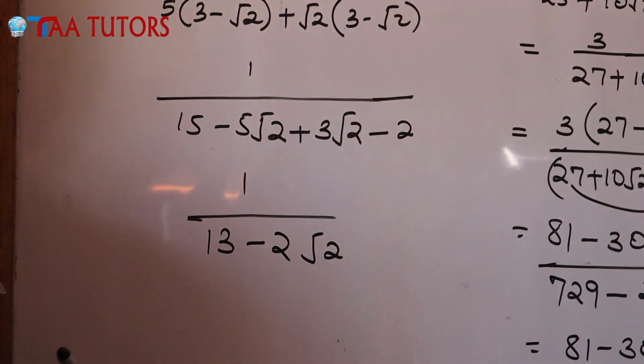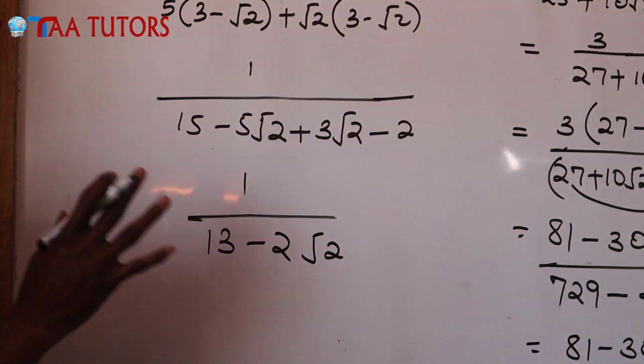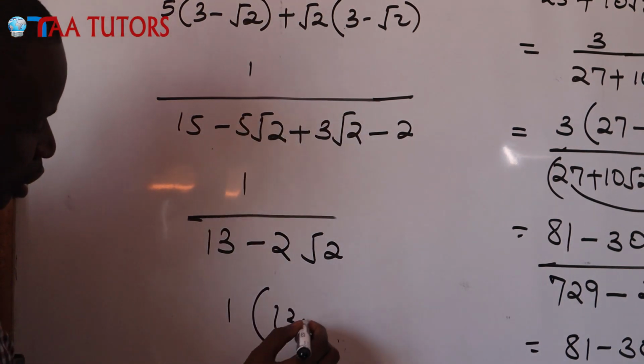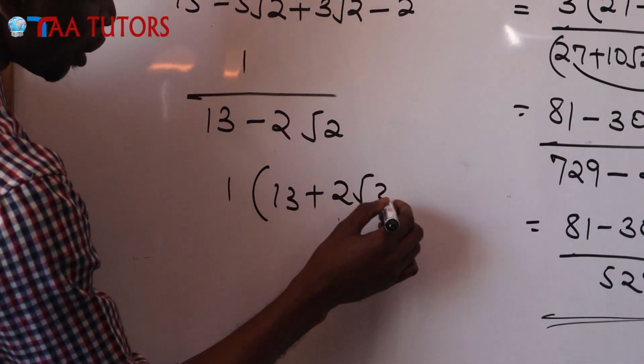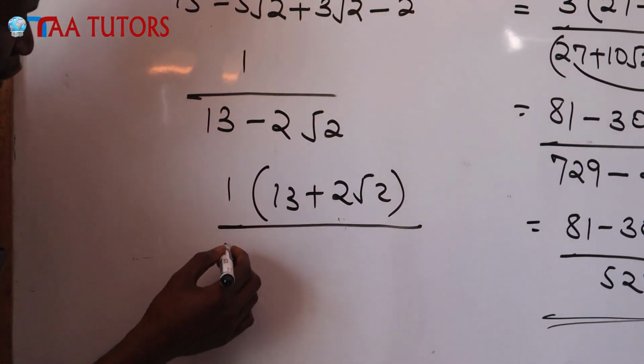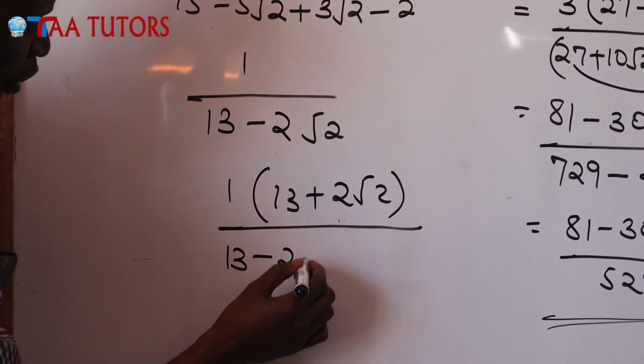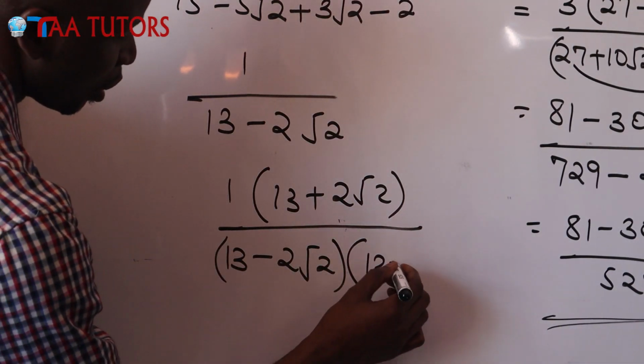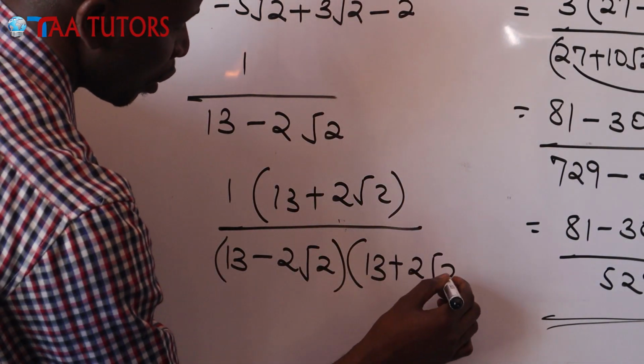So if you are rationalizing the denominator, we need to multiply by the conjugate, which is 13 plus 2√2 over 13 minus 2√2 into 13 plus 2√2.